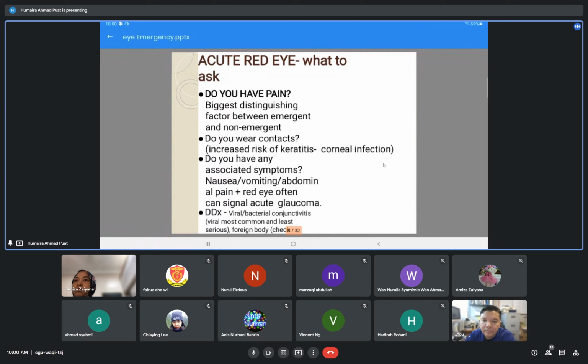The differential for acute red eye includes viral or bacterial conjunctivitis, foreign body, subconjunctival hemorrhage, angle closure glaucoma, iritis, or keratitis.